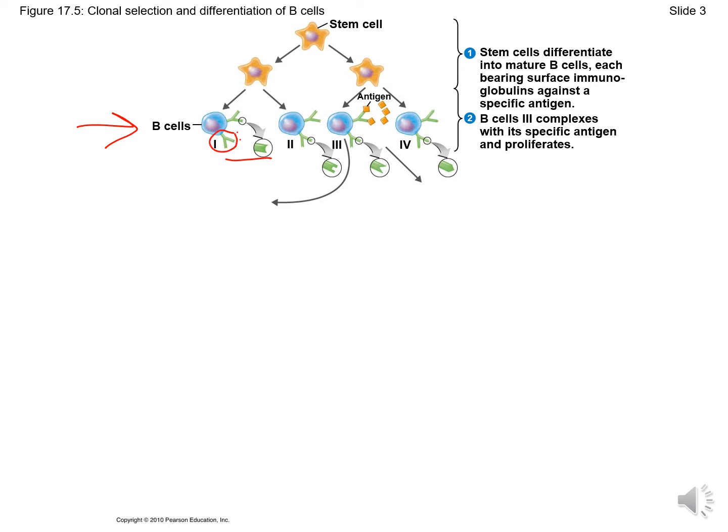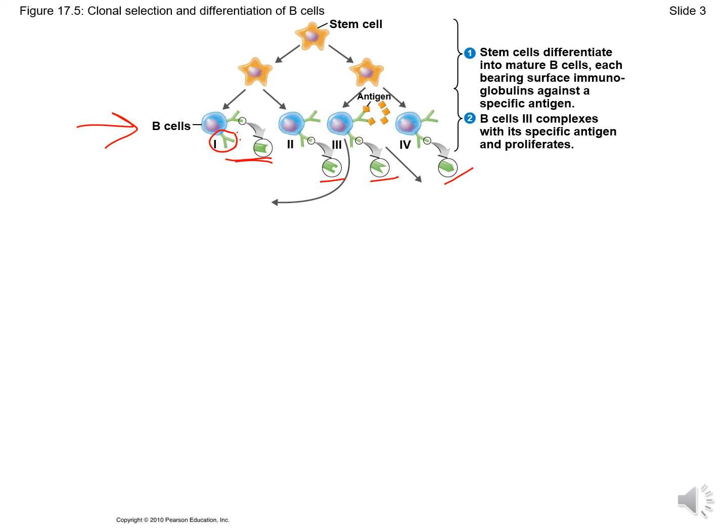So B cell number 1 recognizes a round antigen. B cell number 2 recognizes a square antigen. B cell number 3 recognizes a triangular antigen, and B cell number 4 recognizes an inverted antigen, for instance.